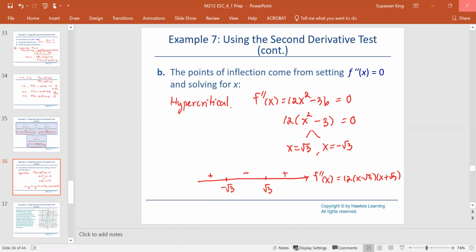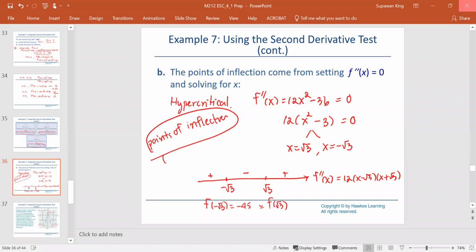To find the ordered pairs, plug negative square root 3 into the original function, and we should get negative 45 for both of them. Therefore, we have two points of inflection: the ordered pairs negative square root 3, negative 45, and square root 3, negative 45.